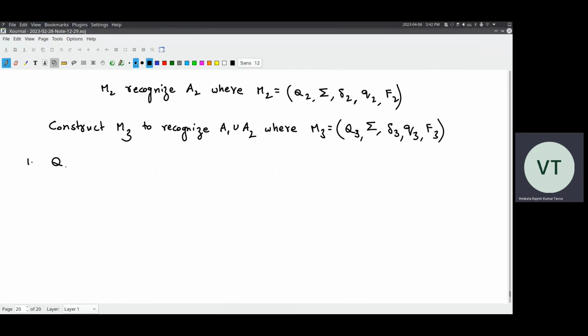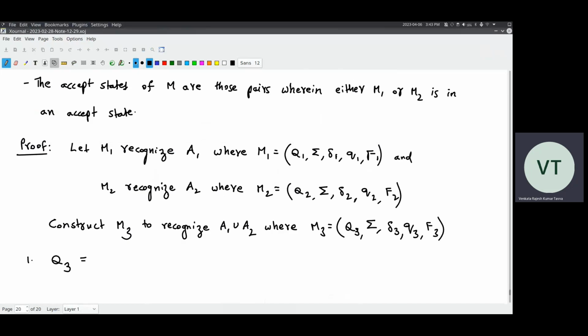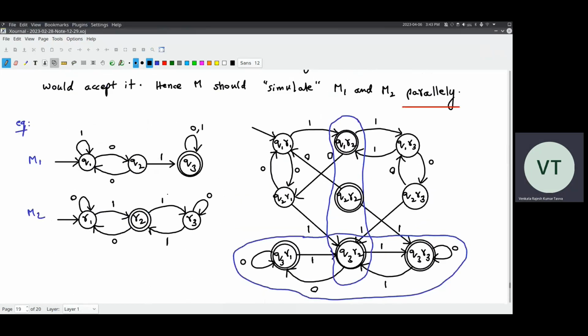first let's define Q3. So can anyone tell me what is Q3 in terms of Q1 and Q2? What are the set of states? Yeah, it will be Q1 cross Q2. Why? If you remember, in this example, M1 has q1, q2, q3, M2 has r1, r2, r3. We should take every possible combination of one state from the first machine and one state from the second machine.